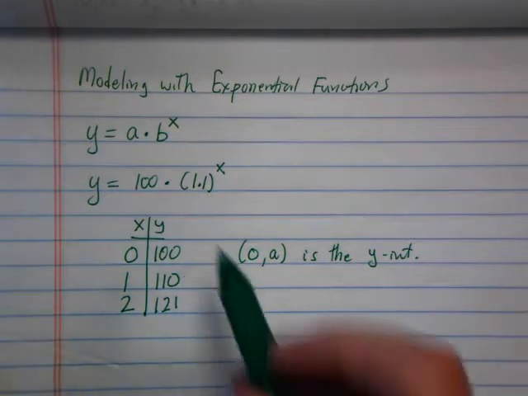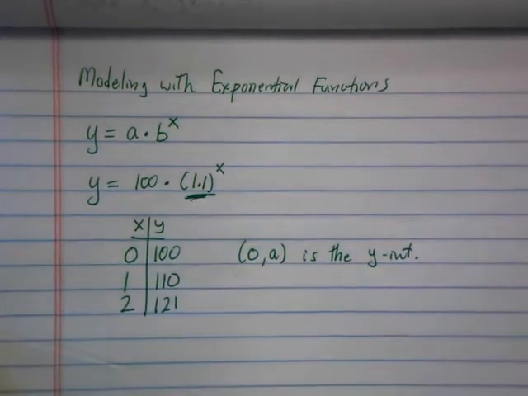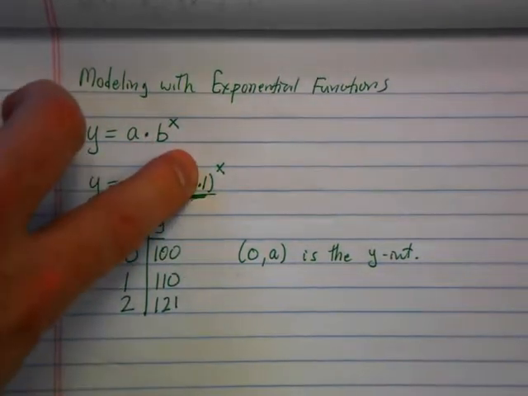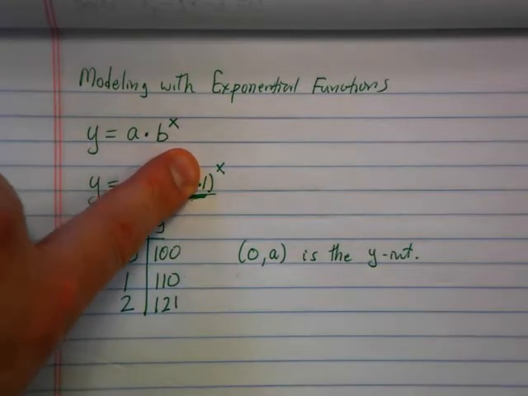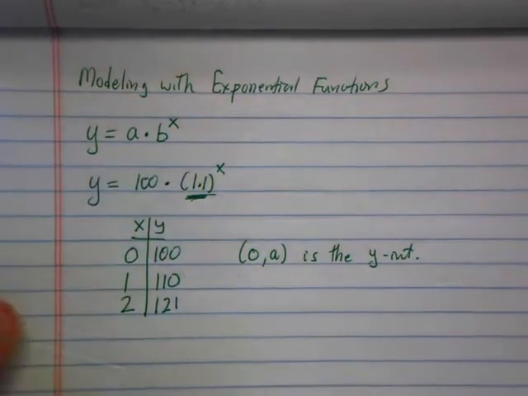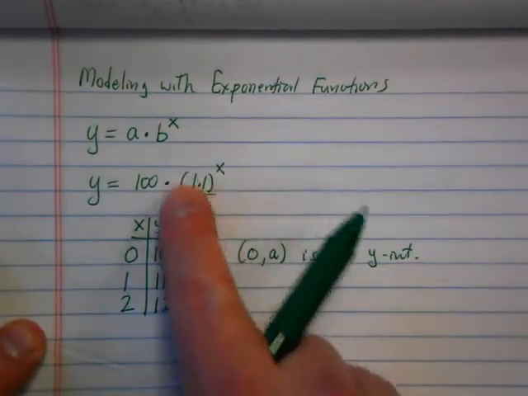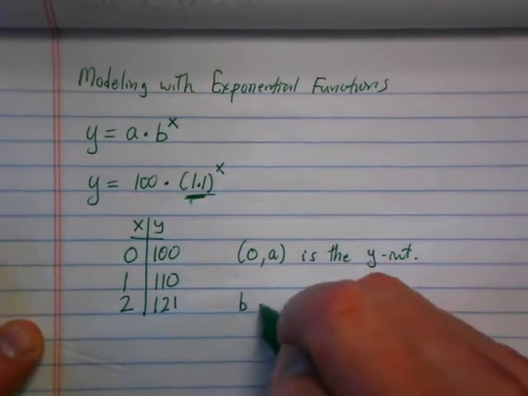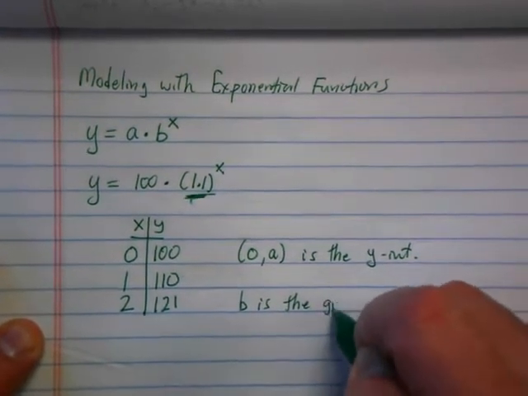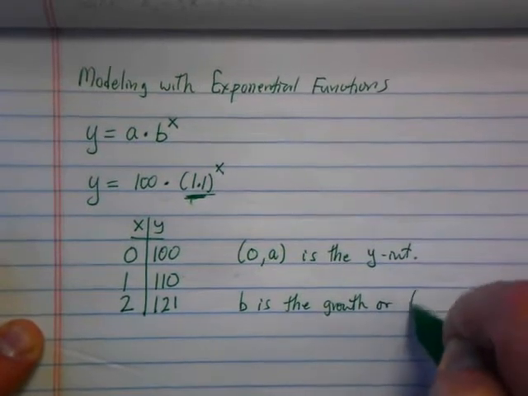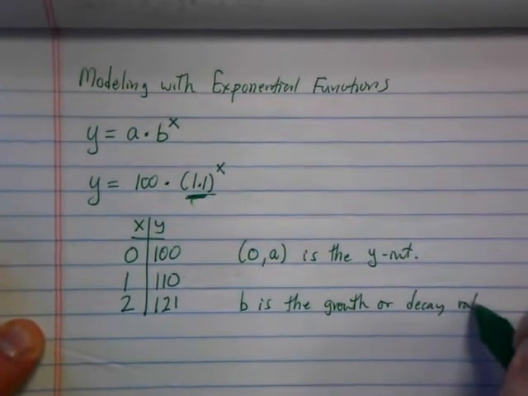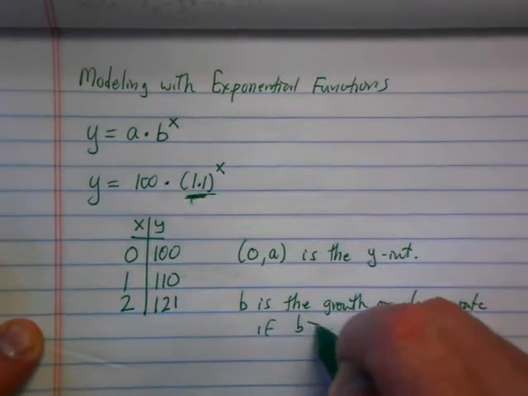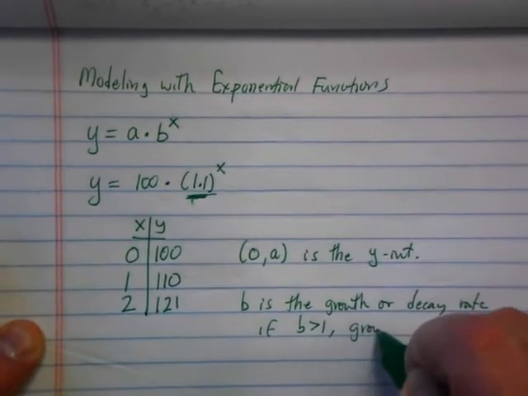So, what's that have to do with this number back up here, that 1.1? Well, ignore the 1 for a minute. What's 0.1? That's 10%. So the base, the b number, gives you your growth or decay rate. b is the growth or decay rate. If b is bigger than 1, you have growth.